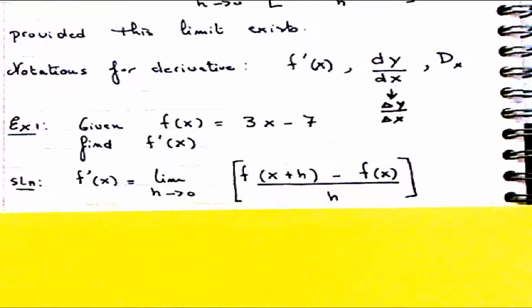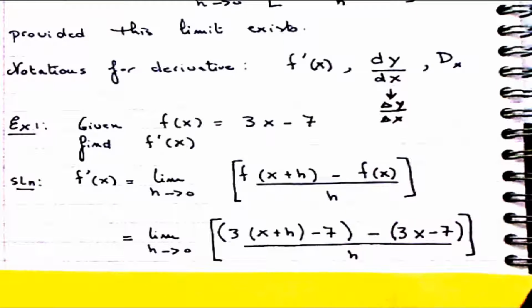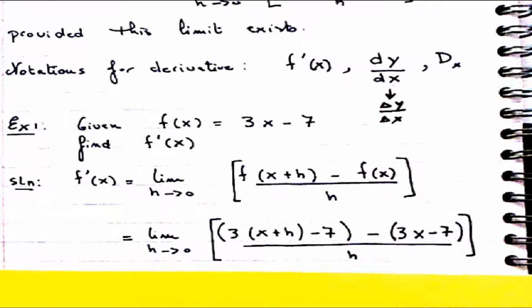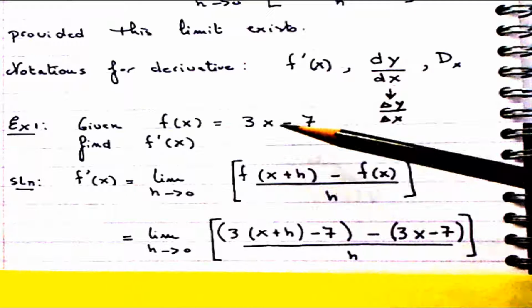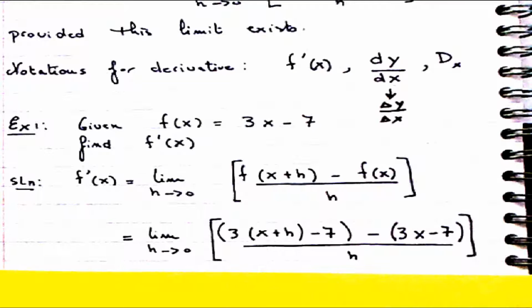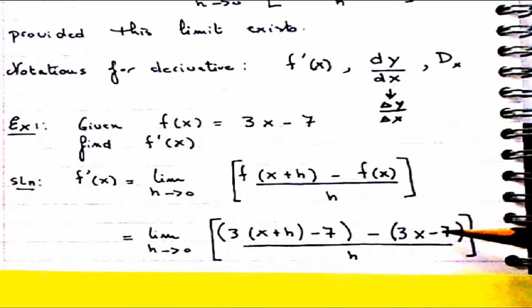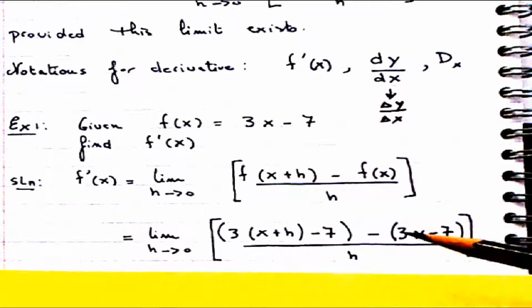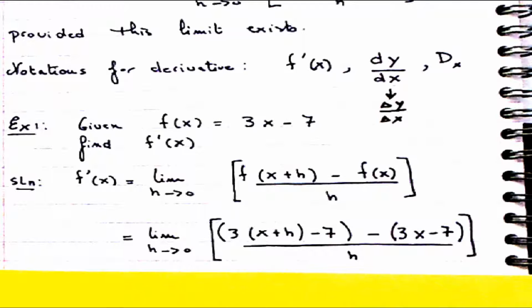Next, you have to apply the limit approach. Remember, you substitute whatever is in the function into the function itself, which becomes as the following. And as I mentioned in the past, f of x doesn't change, still 3x minus 7. But remember, it's critical to add parentheses because we have a negative sign at this time. And h goes back down there.